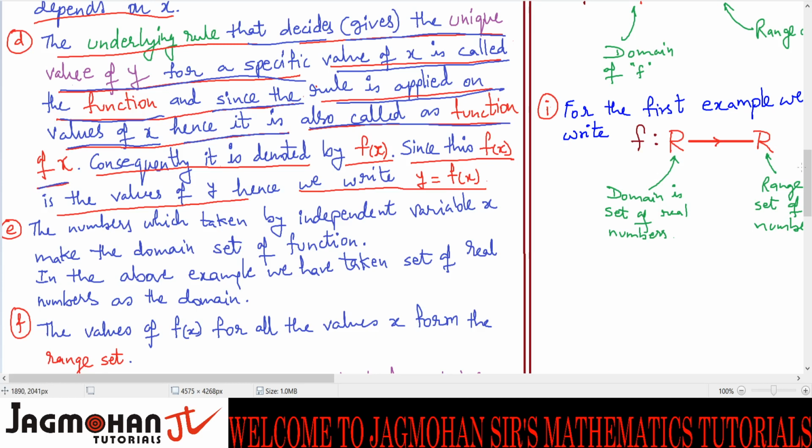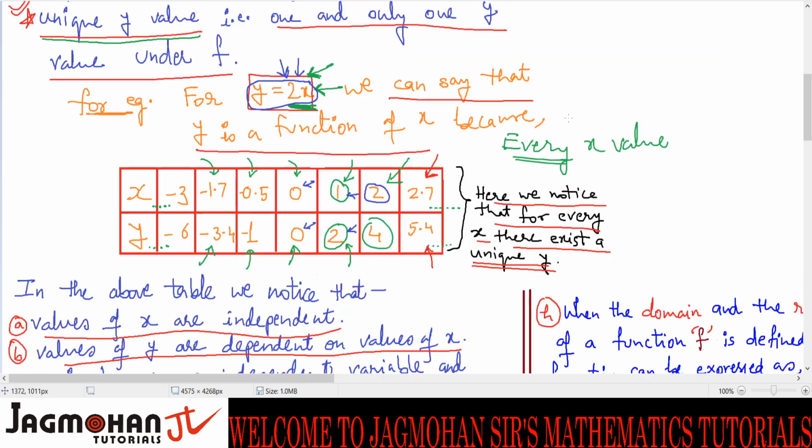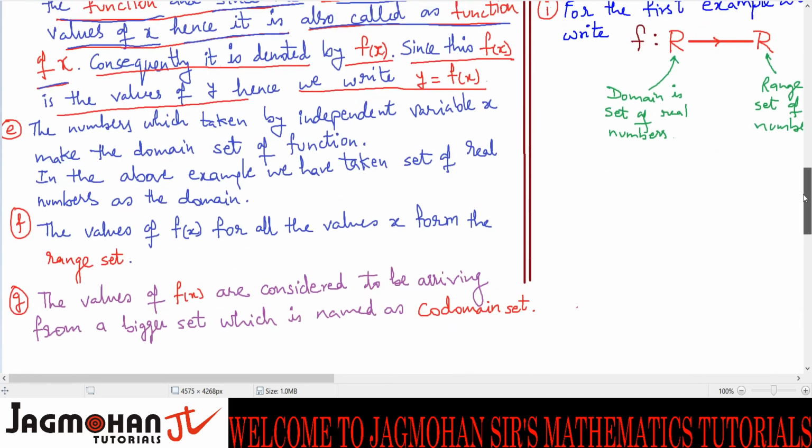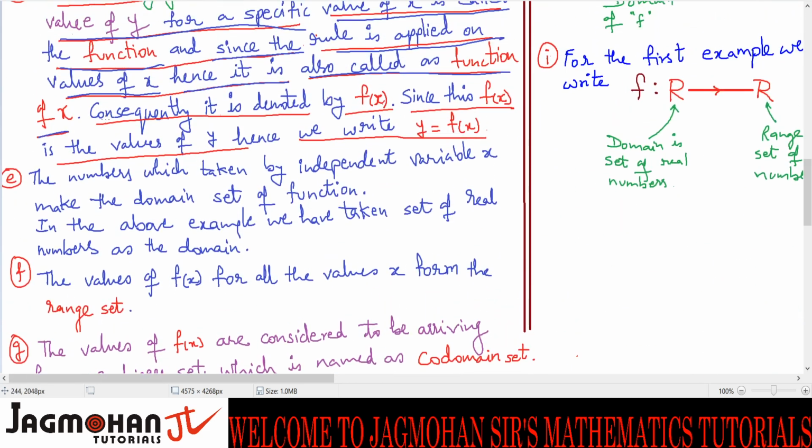Remember students, the rule here which we are applying, if instead of the x variable, had it been some other variable, say p, then we would have said that this rule we are applying on the variable p, and in that case we would be calling this a function of p and not function of x.